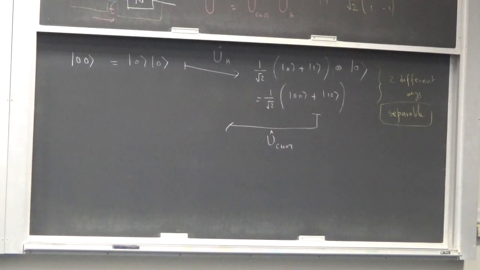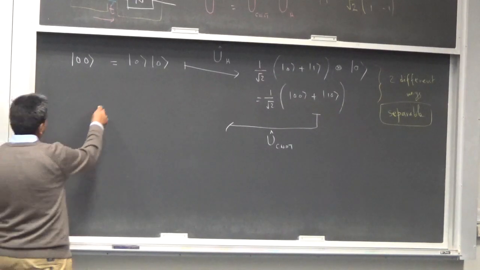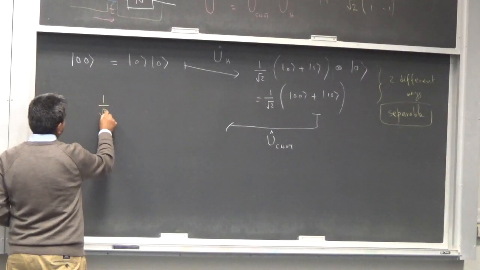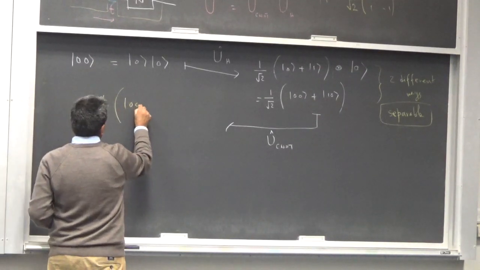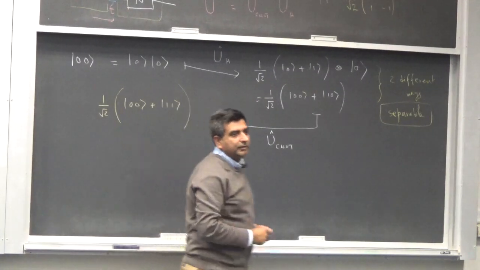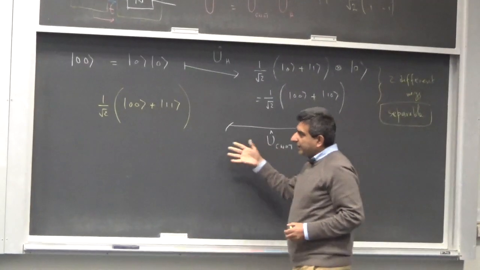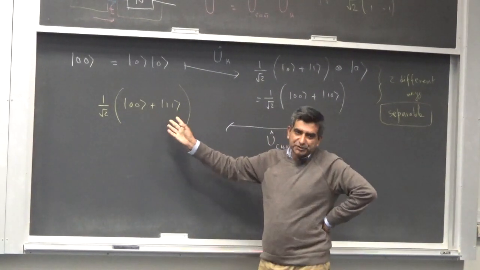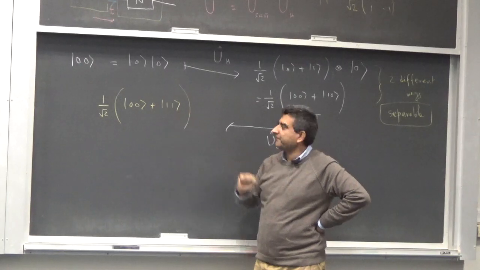Control NOT flips the second qubit if the first qubit is in state ket 1. Alright, good. So at the end of this entire gate, I will end up with the state. Now, first of all, is this a superposition? Yes, it is.